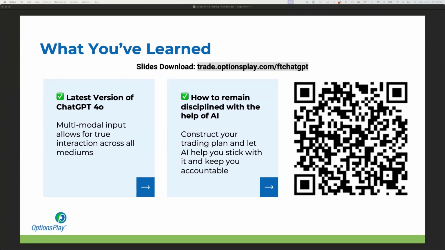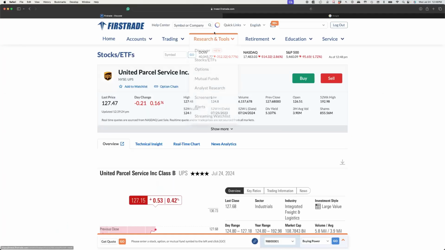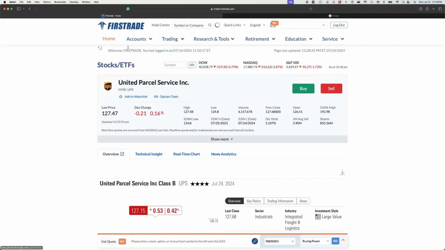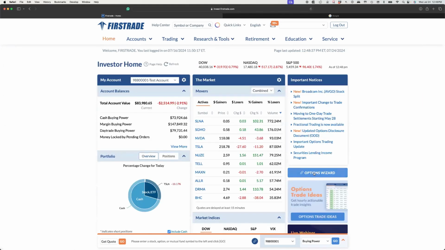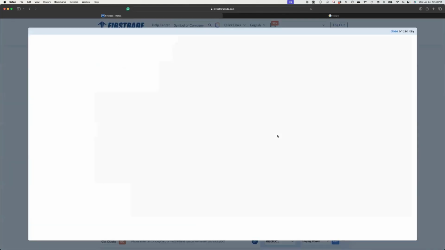There's another great question: if you wrote that you don't want to trade stocks that are not liquid, how does ChatGPT know if it's liquid or not? ChatGPT doesn't know if it's liquid or not, but your options wizard tool does. All the information for my rules is on the screen.